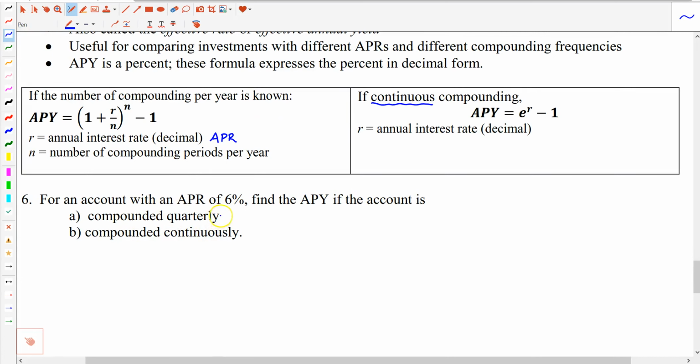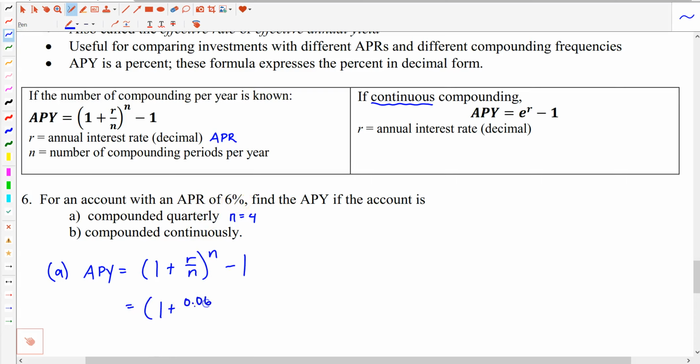In the account being compounded quarterly, that means n is going to equal 4. So we get to use this version of the formula since I have an identifiable value for n. For part A, the APY is equal to (1 + r/n)^n − 1. Little r, which is the APR, is 6%.